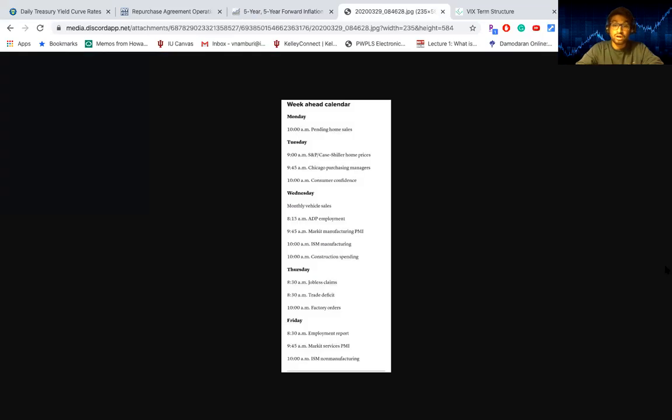Now, in terms of key economic events to look into this week, on Monday we're seeing home sales, and on Tuesday we're seeing the Purchasing Managers Index come out for China, the United States and potentially Germany as well. On Thursday, we're going to see jobless claims again. It came out around 3.2 million this time around.